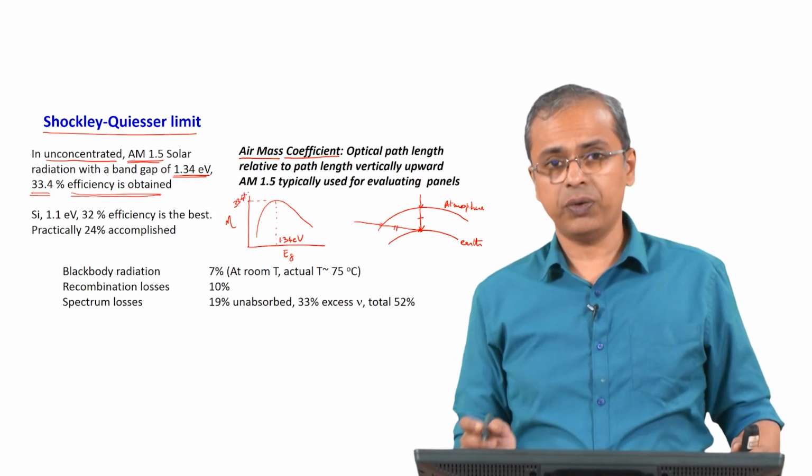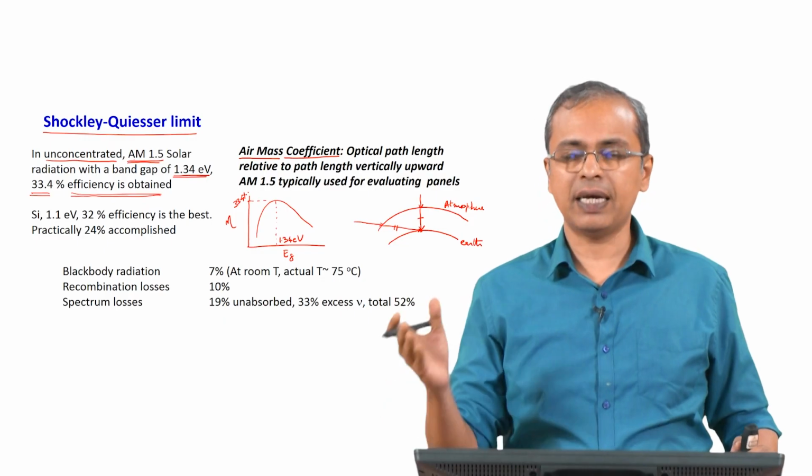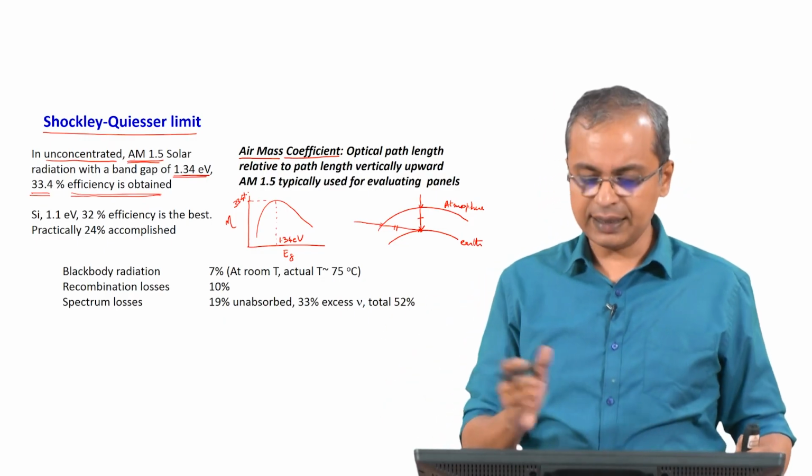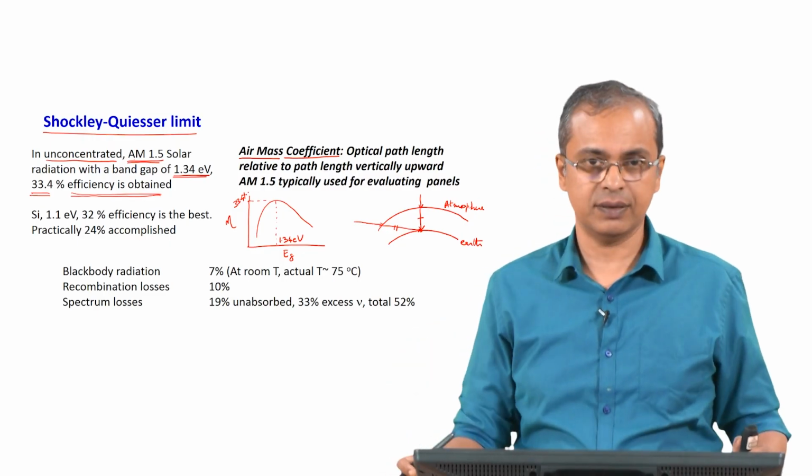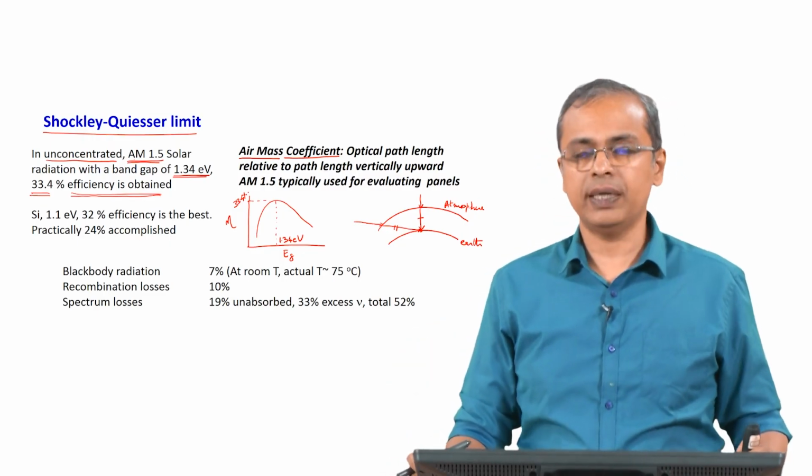On either side of it, you can have materials with band gap higher than that or lower than that. On either side, you will have an efficiency that is less than this as per theoretical considerations. So this is what the Shockley-Queisser limit is.